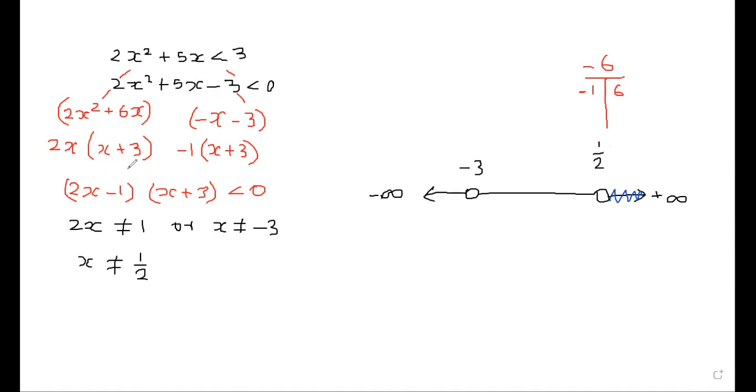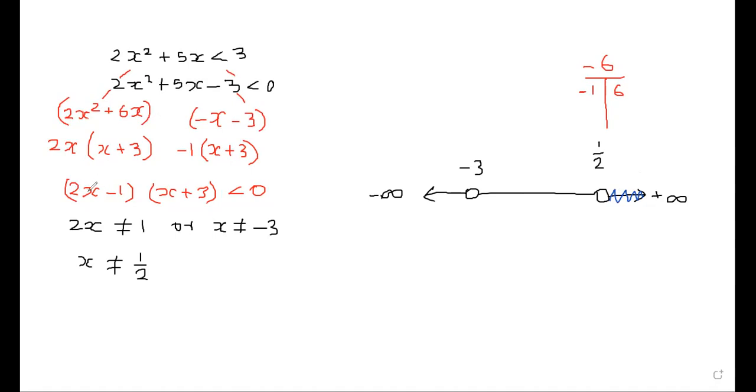And plug it in your brackets here and observe the signs. You're just observing the signs. So I would like to take 1 because 1 is somewhere here. You can take 5, you can take 10, you can take any number, but 1 will make our job very easy from this region. So let's take 1 and plug it in the space of x and observe the sign.